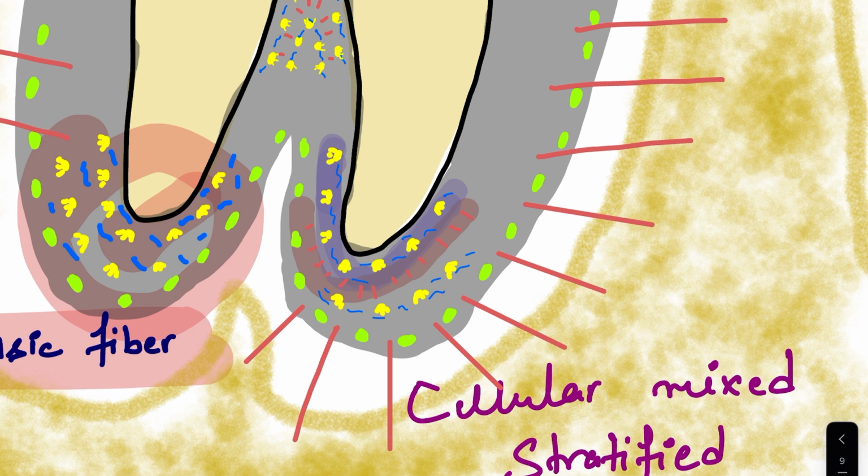Okay, and then I'll again have the cellular type, and then in the next layer I'll have extrinsic fibers. So this type of cementum, the cellular intrinsic fiber type, is not present alone. Okay, it can't be just cellular fibers. It is present in layers with extrinsic fibers, and this is called cellular mixed stratified cementum.